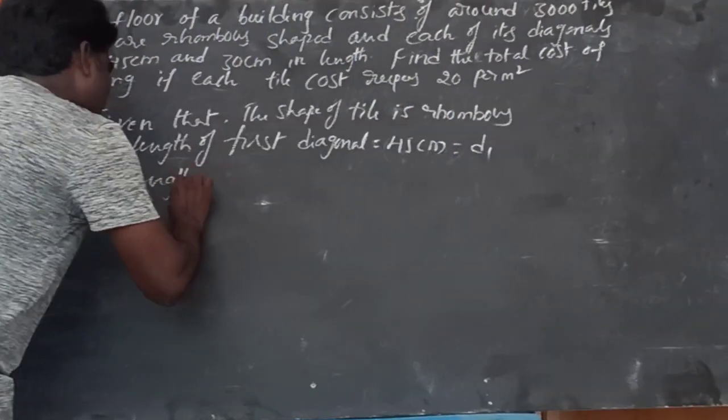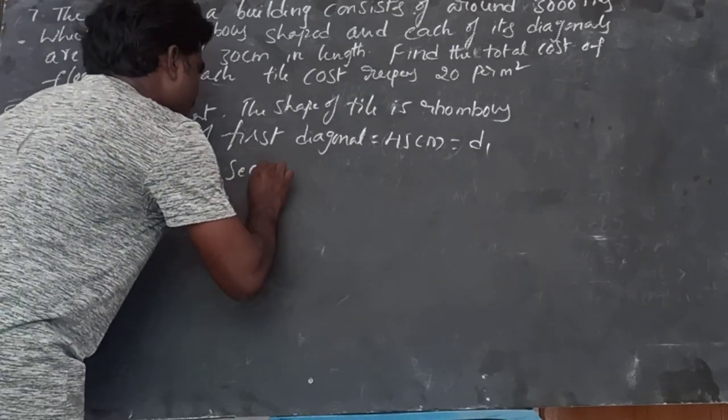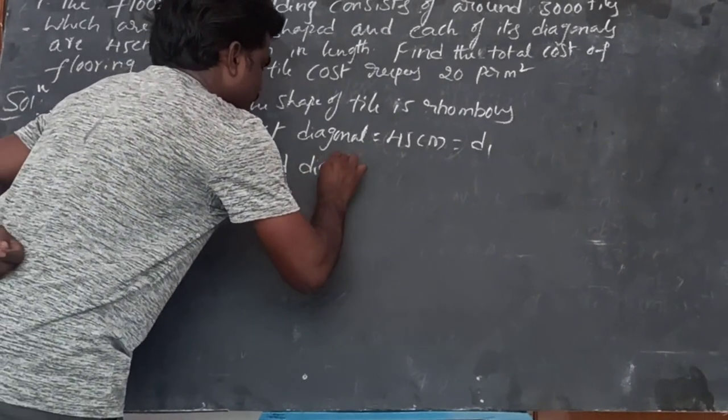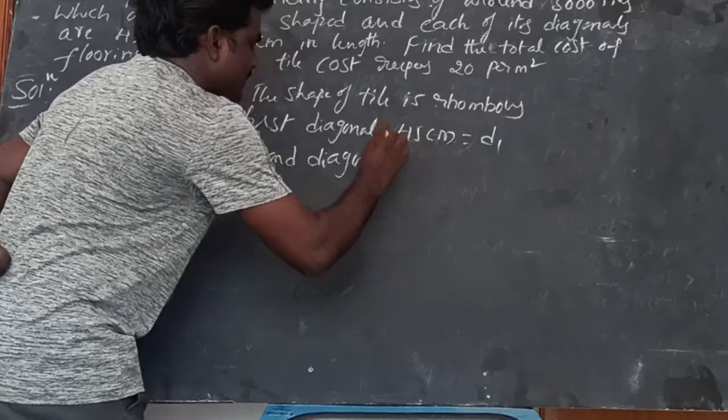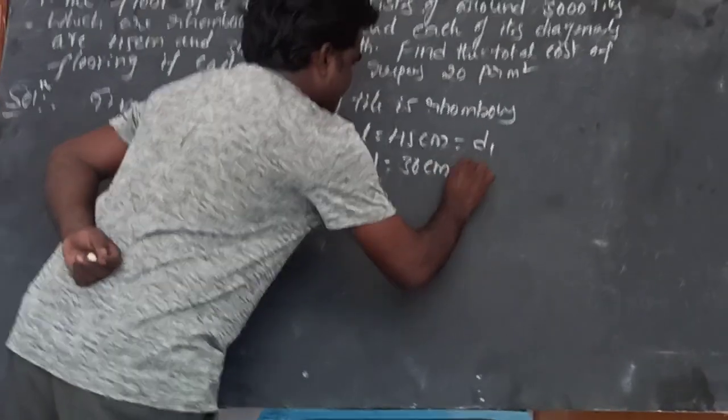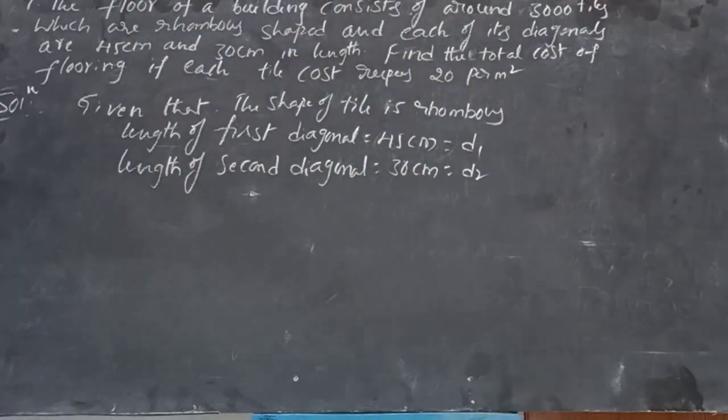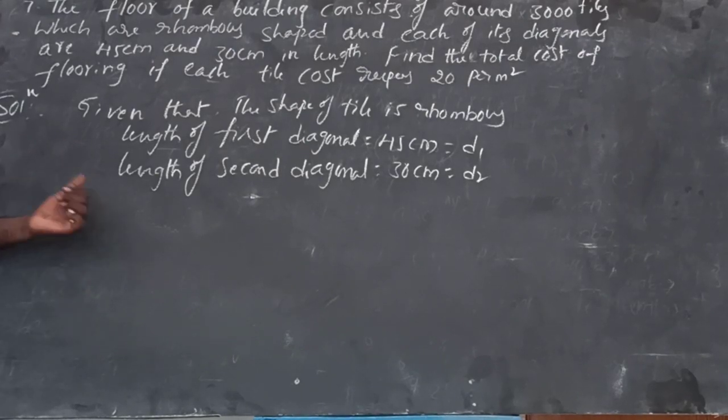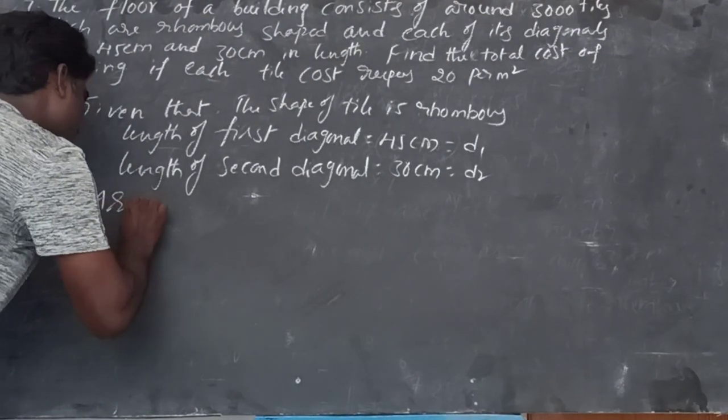Next, length of second diagonal is 30 cm. So what do we find? Area of rhombus.